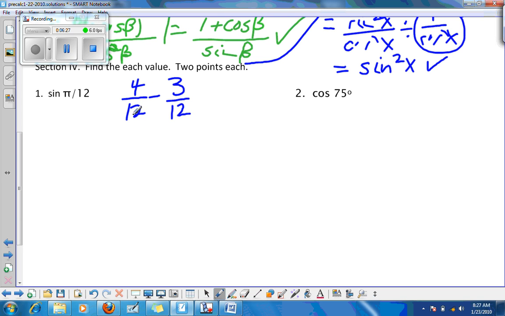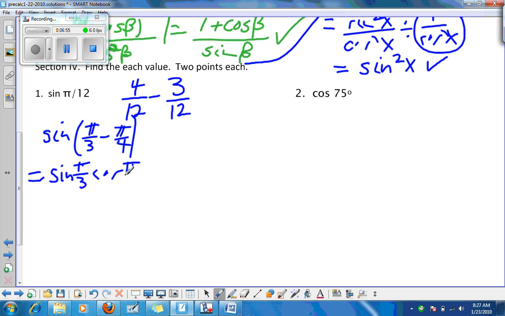So let's write the sine of pi over 12 as the sine of pi over 3 minus pi over 4. So if we do that and then apply the angle difference formula, we get the sine of pi over 3 times the cosine of pi over 4 minus the cosine of pi over 3 times the sine of pi over 4.